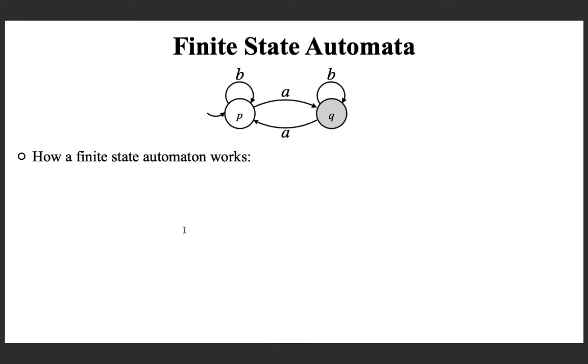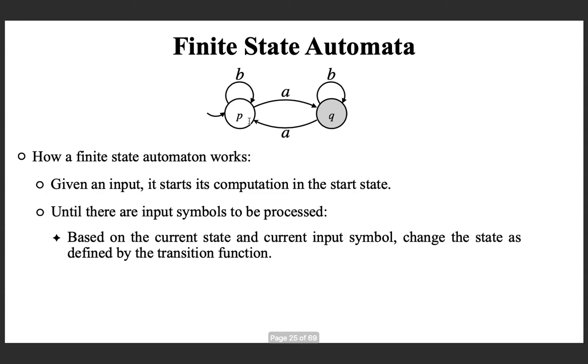Now try to understand how a finite state automaton works. Given an input which is a string on the input alphabet set, it starts its computation in the start state, in this particular case at P. And what is it doing?